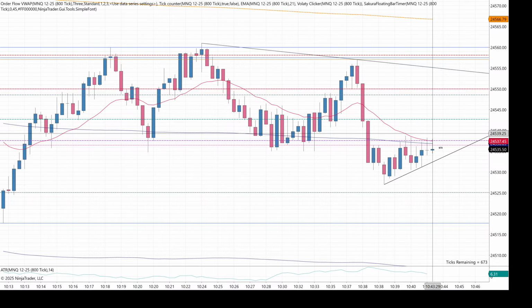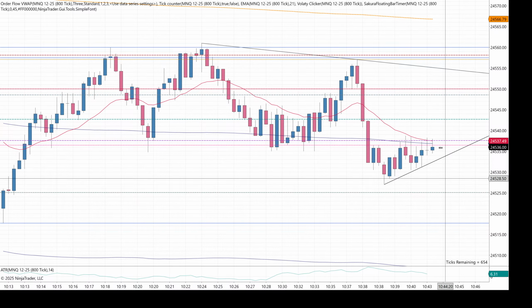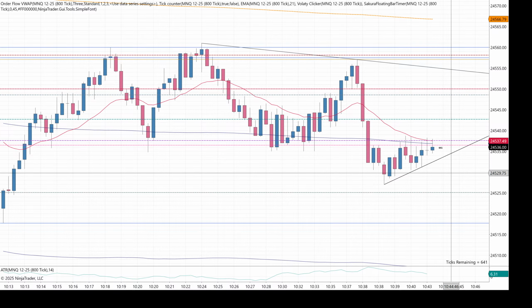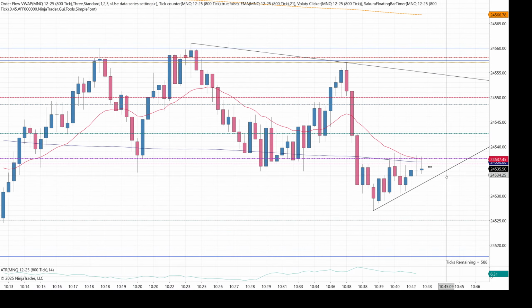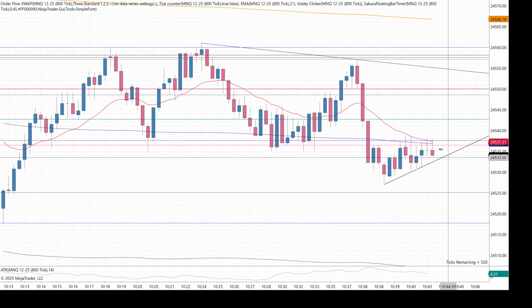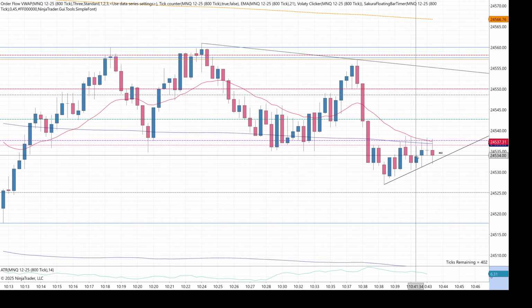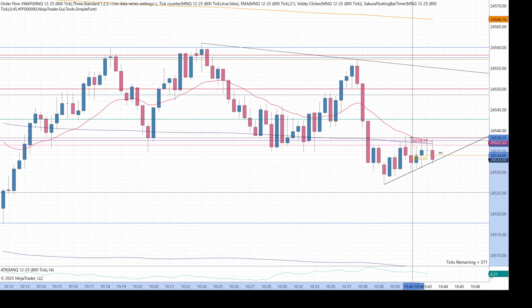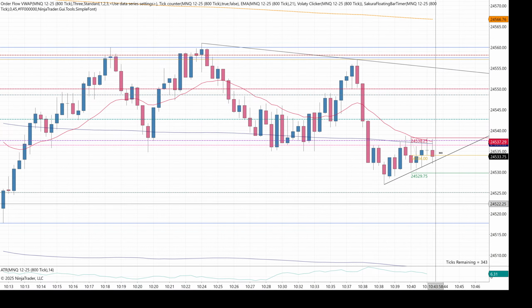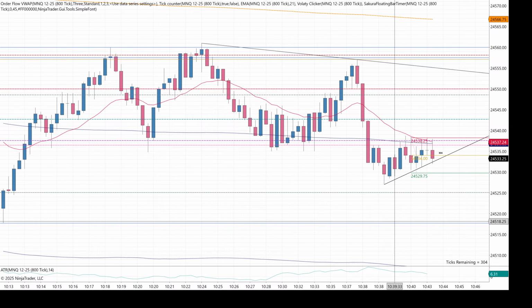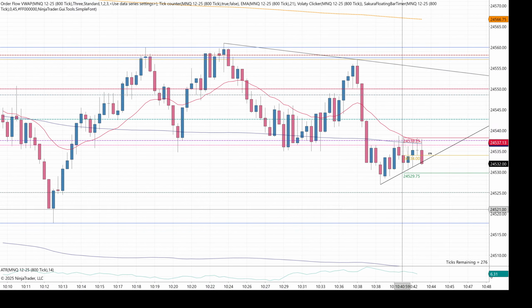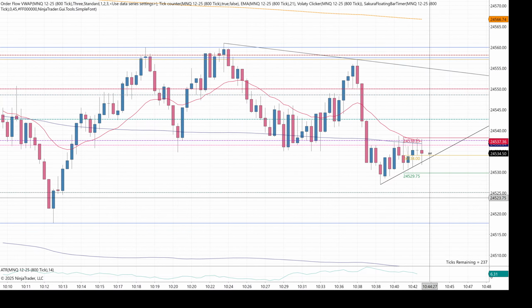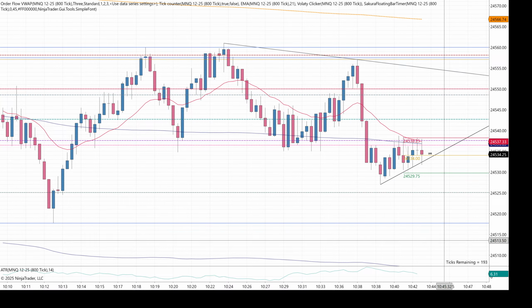I am contemplating taking this north, even though there's the EMA here. Just letting you know where my thought process is. But then this just triggered south, but it's not really a candle I would take. That's the trigger. If we get follow through like this candle, I might actually take it south as well.